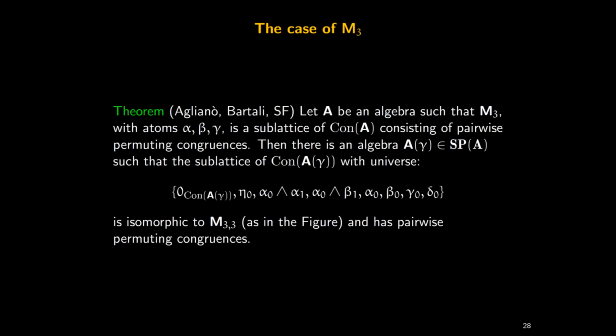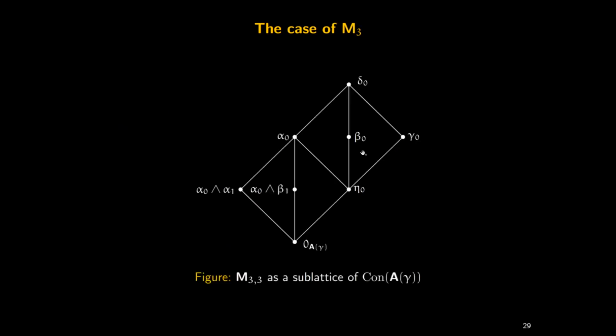And in particular, if you consider the congruence lattice of A of gamma, you consider its sublattice generated by the congruences in display. So you take eta 0, alpha 0 with gamma 1, alpha 0 with beta 1, alpha 0, beta 0, gamma 0, and beta 0. Then you can prove that it is isomorphic to M33. That is the resulting display.